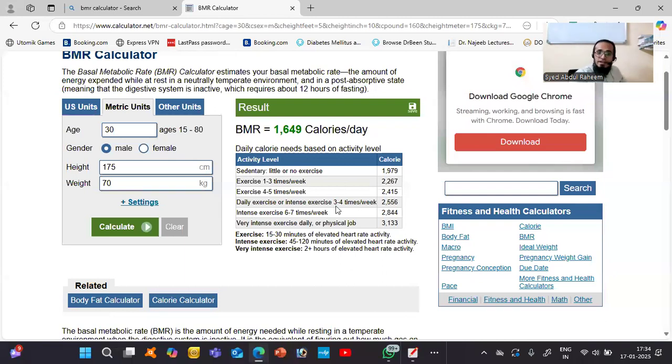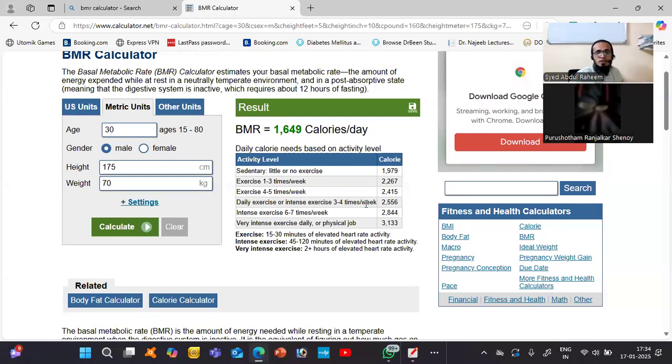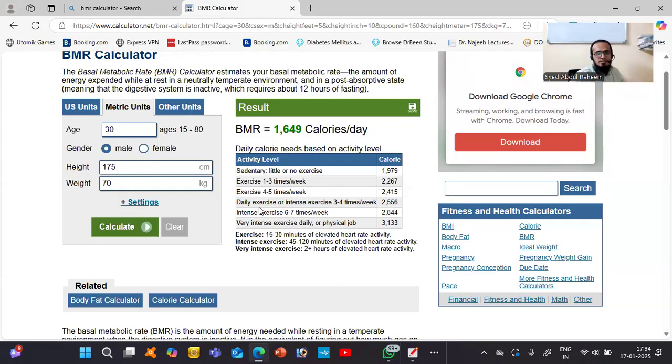With intense exercise 3 to 4 times a week, 2556. With daily exercise, 2876. With a physical job, 3133. So you have to remember this.